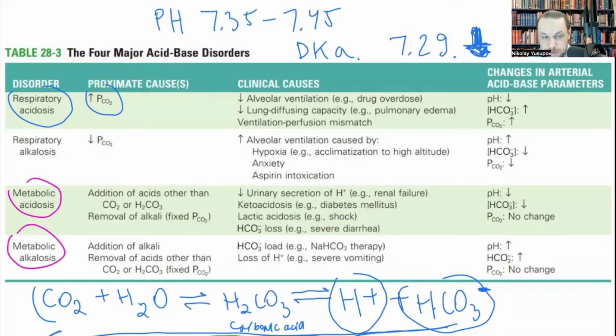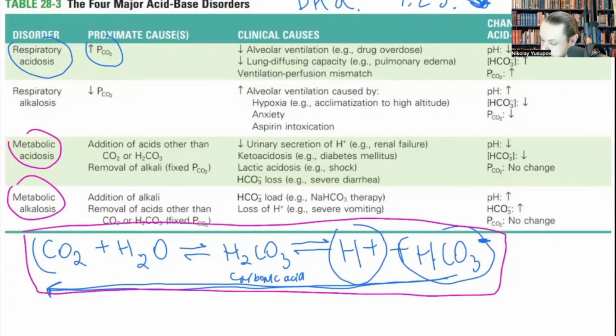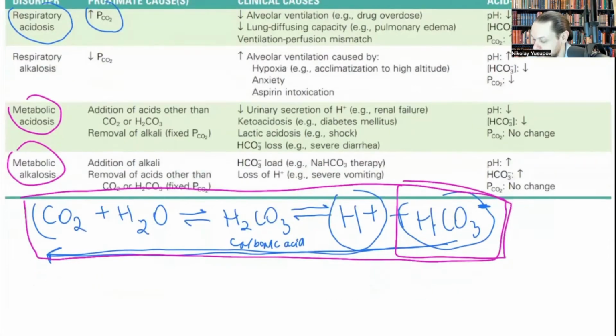It's slower than the respiratory response, but it's definitely going to come on board to correct our acid-base imbalance. So this is how the kidney is helping us. Same formula. In the setting of acidosis, it wants to retain the bicarb and get rid of the hydrogen in the urine, making acidic urine, hopefully to get the pH back to the normal range.